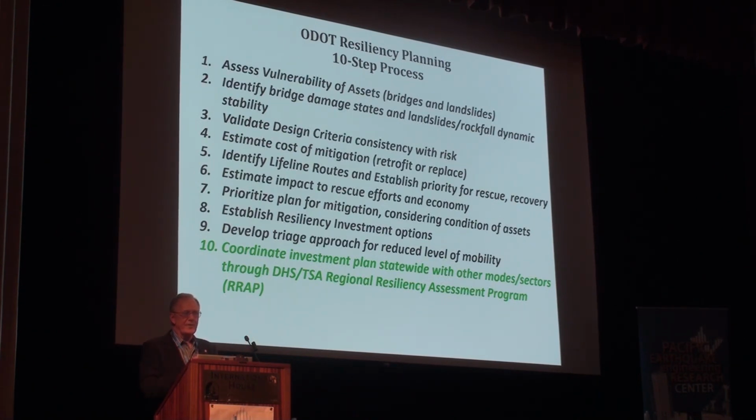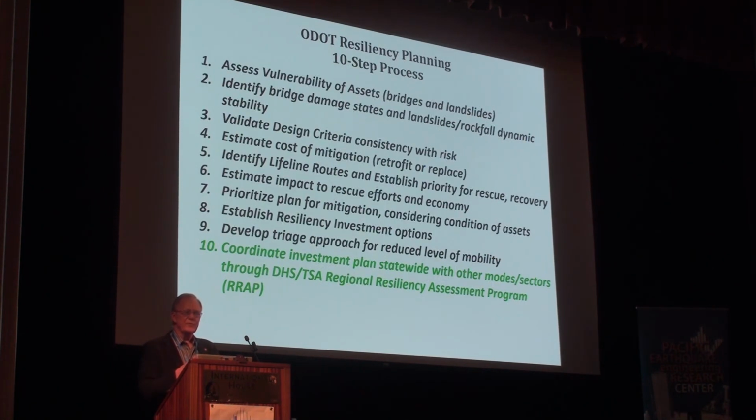Highways are ahead in Oregon, but the other modes are working on their vulnerability studies, estimating the cost to retrofit their systems. And we hope, and that's why this is green, this hasn't happened yet, but we think it is an opportunity for us to improve the work that we've done on our highway system and work together with the other modes and the other asset categories so that we're making smart investments.